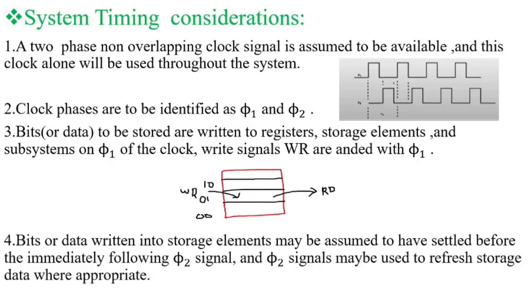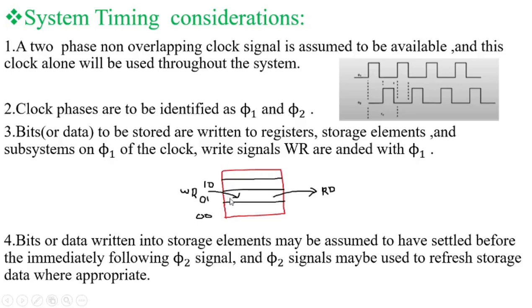And the next point: bits or data written into storage elements may be assumed to have settled before the immediately following phi 2 signal, and phi 2 signals may be used to refresh storage data where appropriate. It means that in the particular memory address location we store the data.